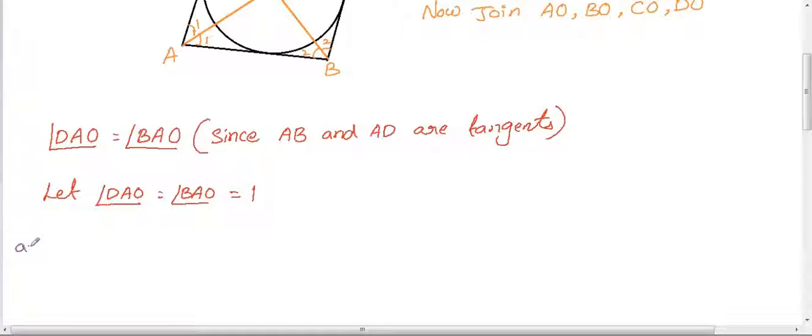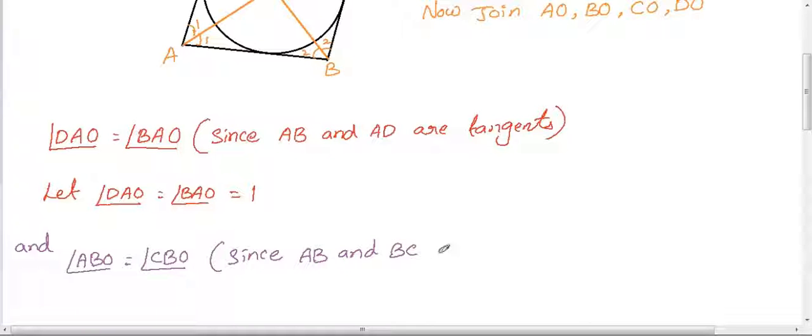Similarly, angle ABO is equal to angle CBO, since AB and BC are the tangents.